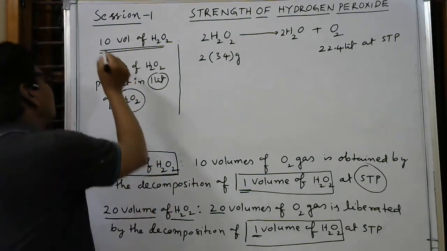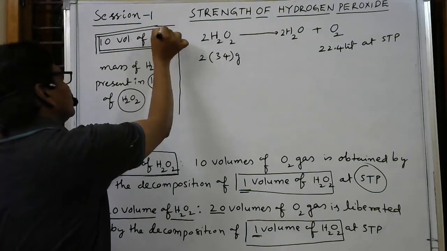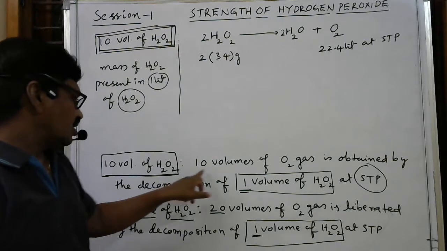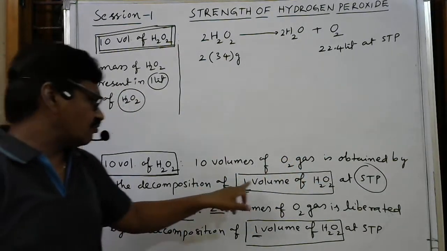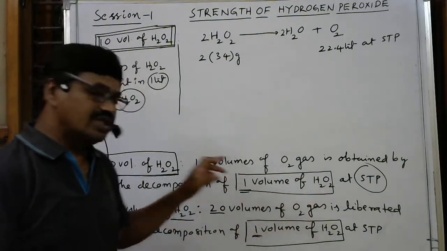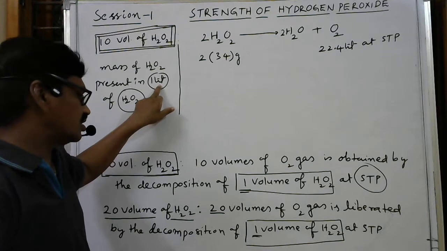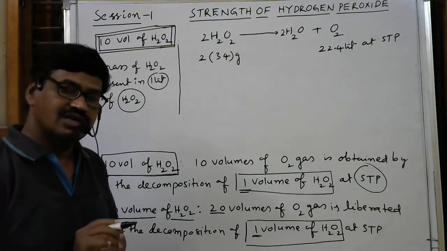We are discussing only 10 volumes of hydrogen peroxide here. So what is meant by 10 volumes? 10 volumes of oxygen gas is liberated by the decomposition of 1 volume of H2O2. Here I am considering these volumes as liters, so I have taken 1 liter of hydrogen peroxide.